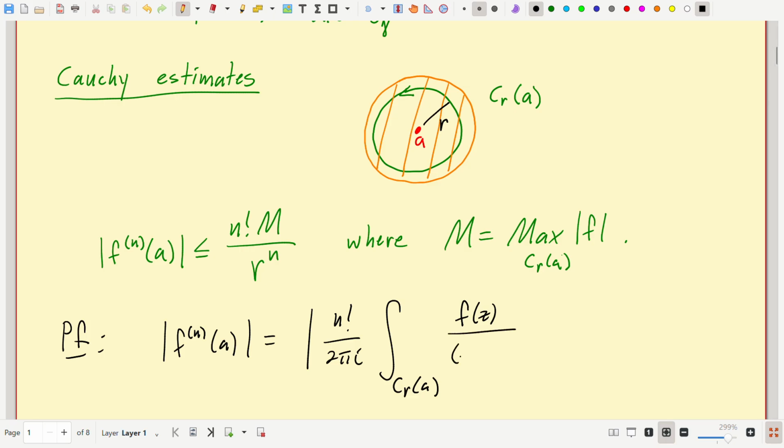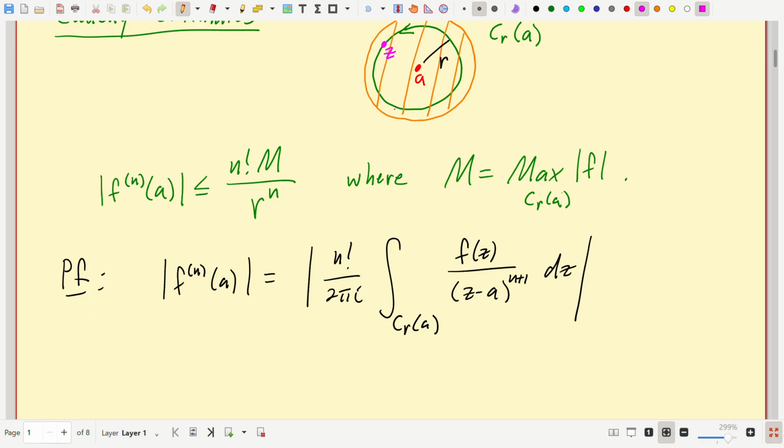And here we have z minus a to the n plus 1 dz. And the z is going around that circle. So z minus a is equal to r in modulus. So the modulus of z minus a is equal to r in this thing.